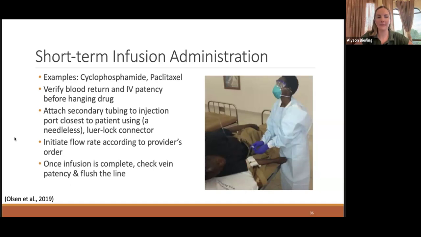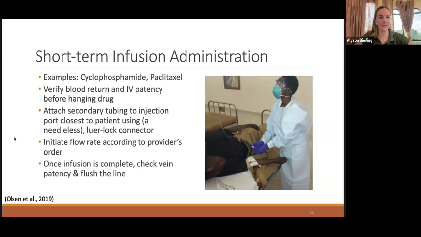You would attach secondary tubing to the injection port closest to the patient, ideally using a needleless luer lock connector. And then you would initiate the flow rate according to the provider's order.